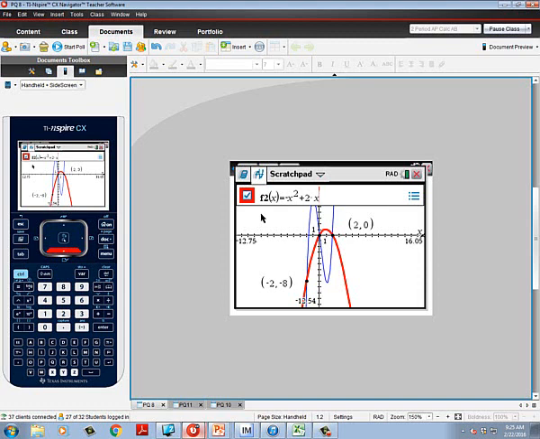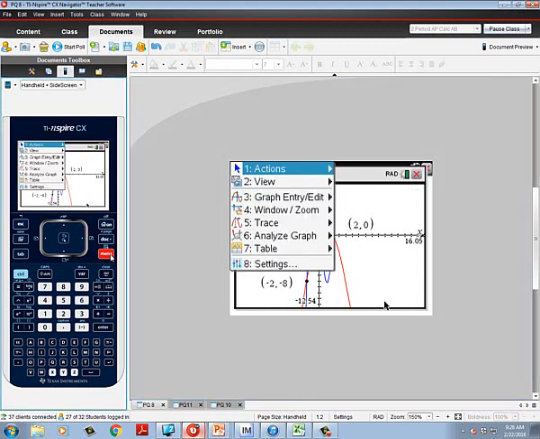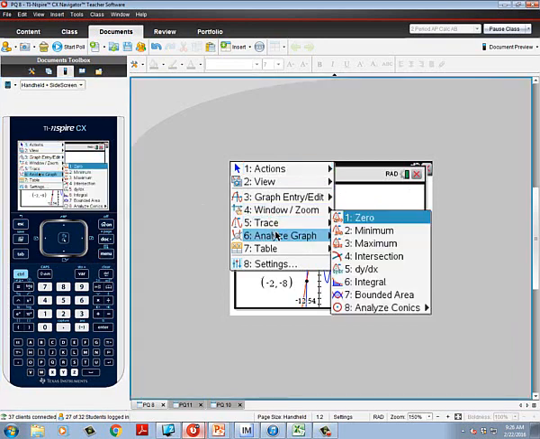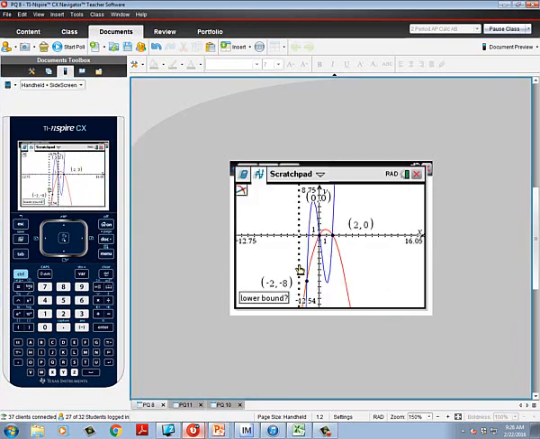Okay, and then once you've done that, we're going to use the calculator to help us. The next thing you're going to do is go to your menu, analyze graph, and grab your intersection, and I want you to calculate your 3 intersection points.